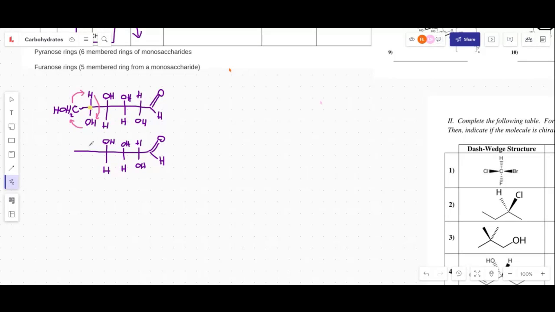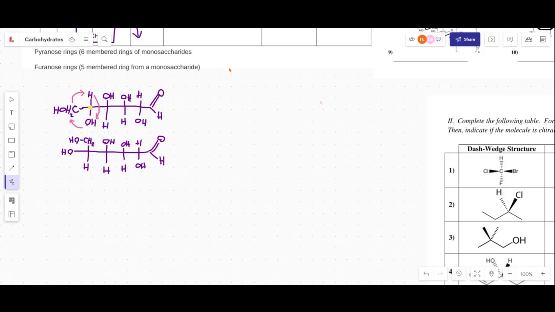But now that I've rotated the other three on this last one, I have a CH2OH here, I have an OH back here, and I have an H down here.